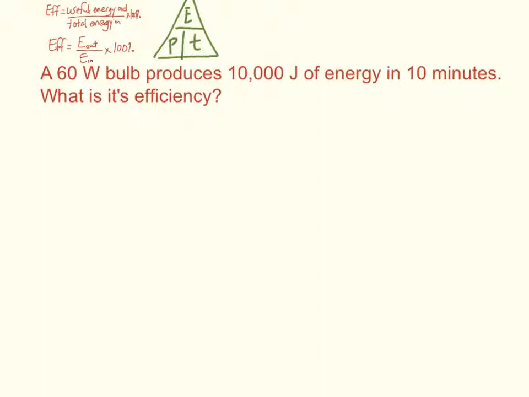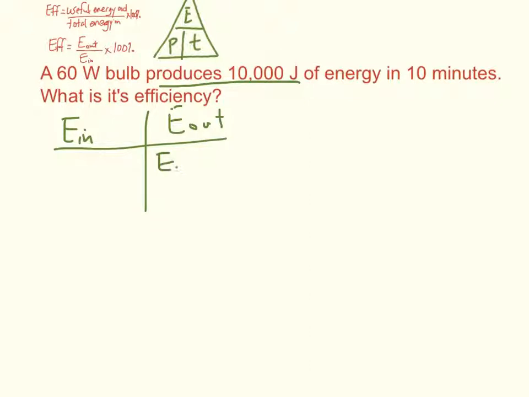So what I am going to do first is make two headings just to help me organize my information. Right here I see a 60-watt bulb produces 10,000 joules of energy in 10 minutes. What is its efficiency? So produces is our keyword. The 10,000 joules is going to be our E out.